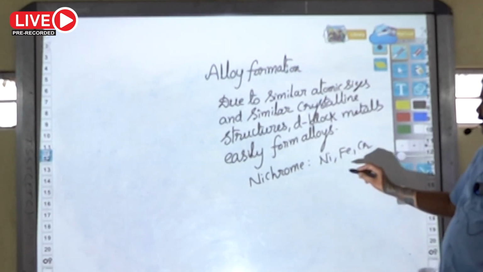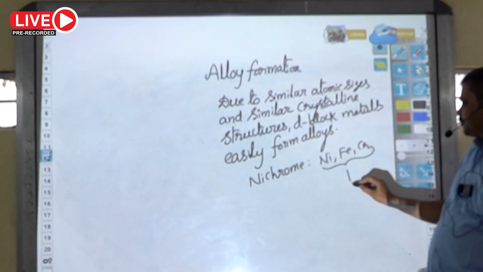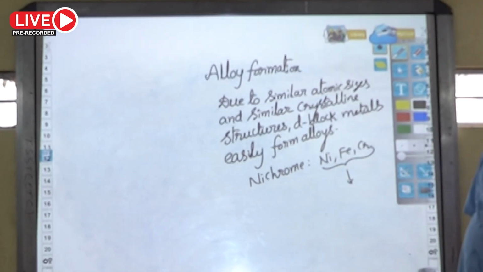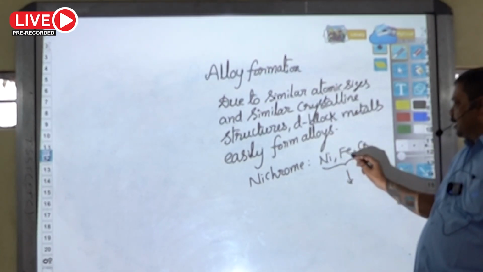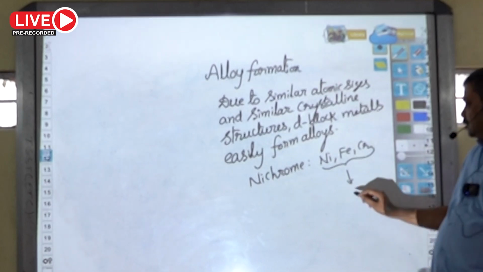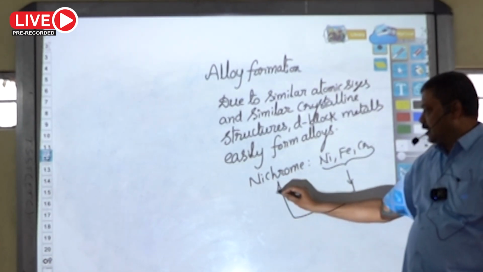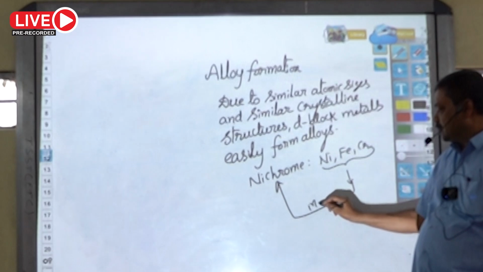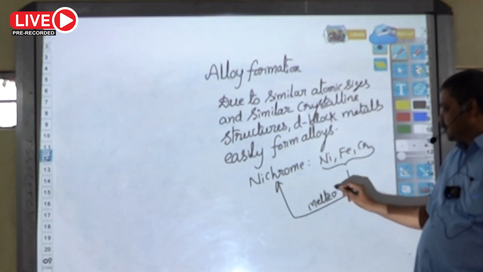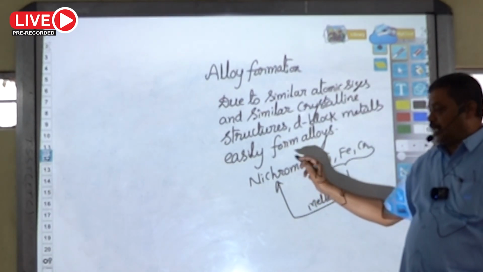When these three metals, nickel, iron, chromium, are melted together, you will get nichrome alloy.